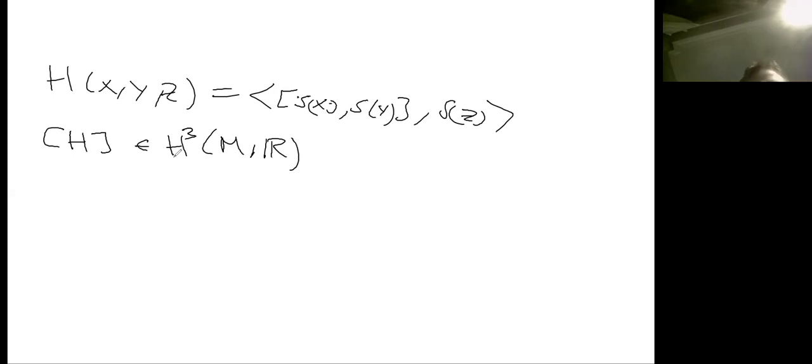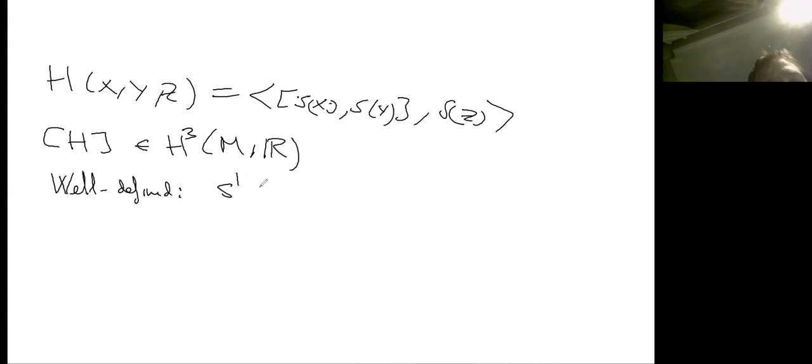So why is this well defined, and why is any other element which is isomorphic to it going to be in the same cohomology class? First, well defined. Recall that what I used to define this from my Courant algebroid is the choice of an isotropic splitting.